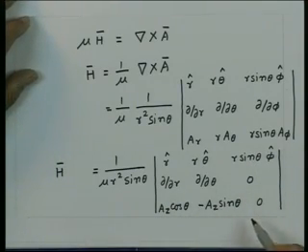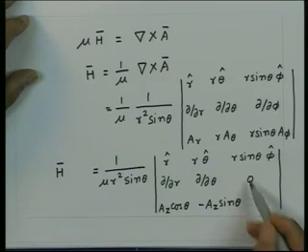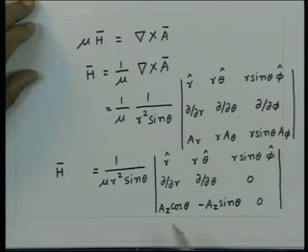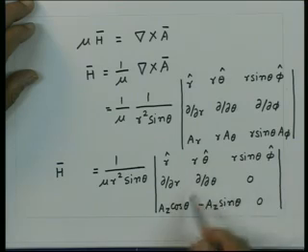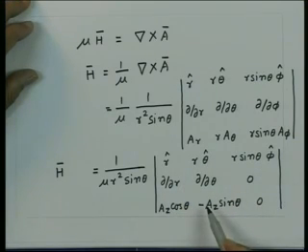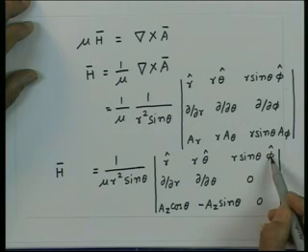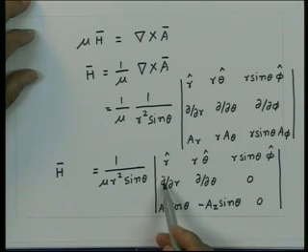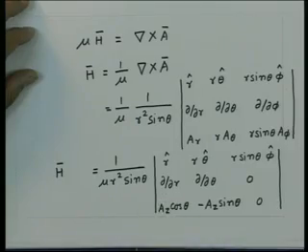Now it is immediately clear that since these two elements are 0, the r component and the theta component are identically 0. So the only component we will get corresponds to the phi component, which will be d by dr of this quantity minus d by d theta of this quantity.